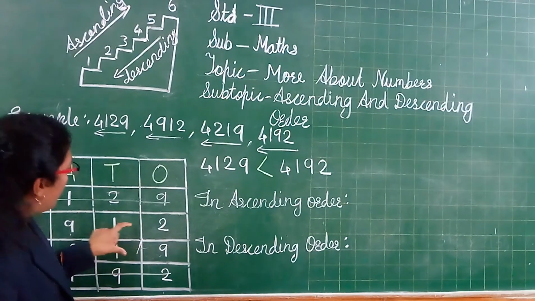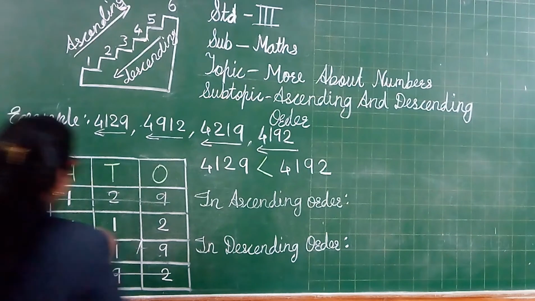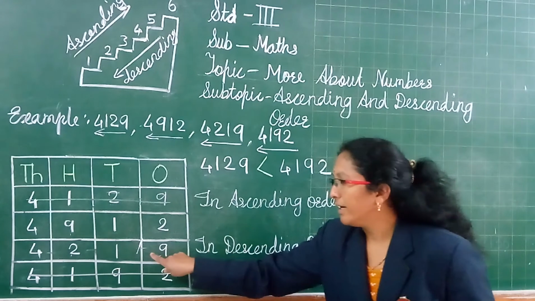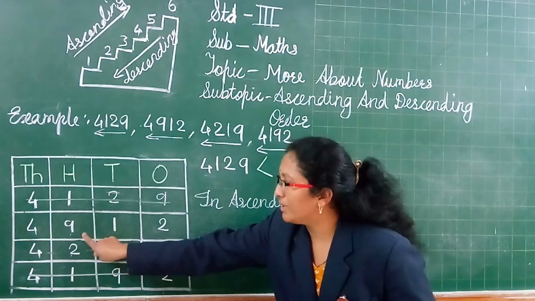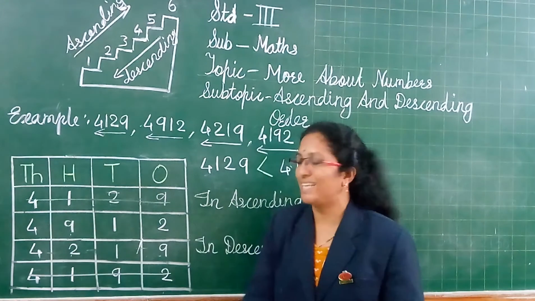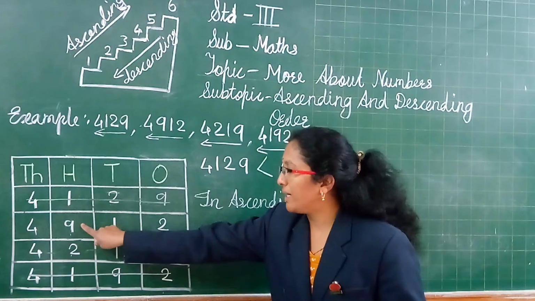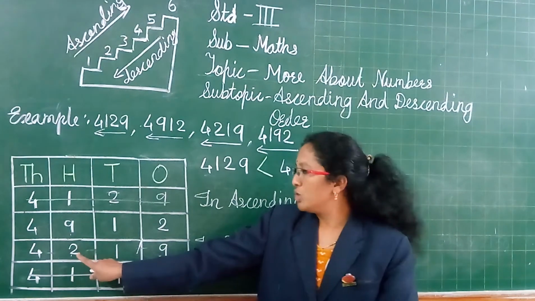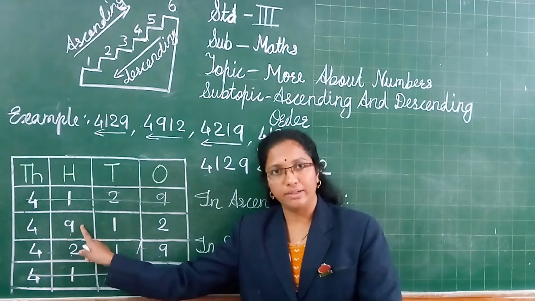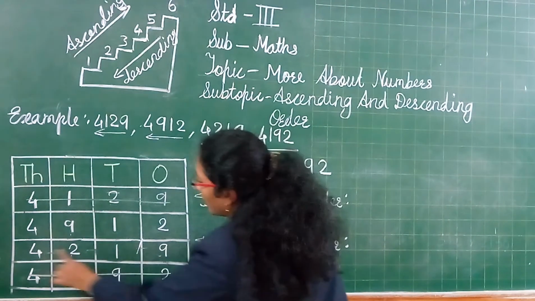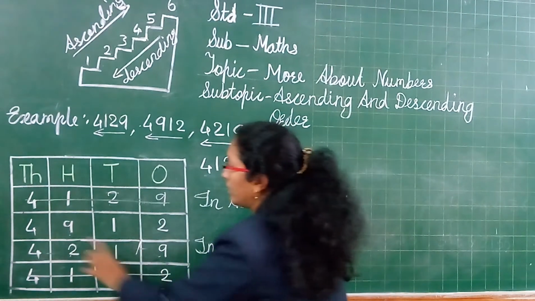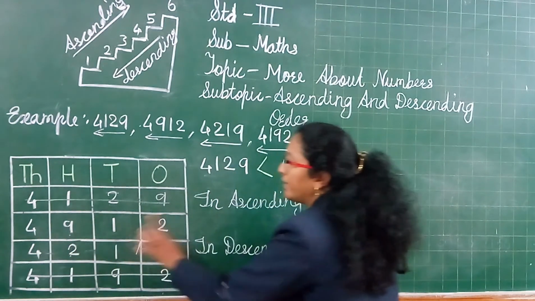Now, from the remaining two, 4,912 and 4,219. From this, we compare the hundreds place because the thousands place is the same. So we compare the hundreds place. Here is 900 and here is 200. Which one is smaller? 200 is smaller than 900. So that's why 4,219, this whole number, is smaller than 4,912.